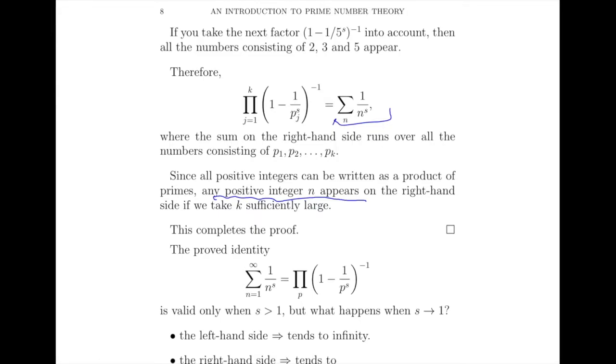So finally, if we take all prime numbers, then all positive integers appear in the right-hand side. And this is an infinite product expression, and this is the infinite series expression of the zeta function. So the two expressions, we proved they are the same. So we are done.